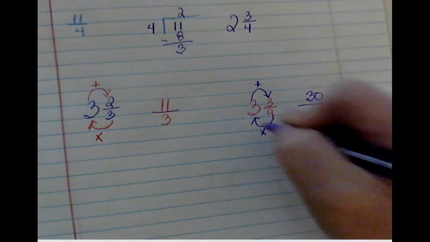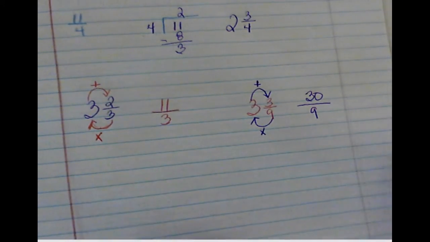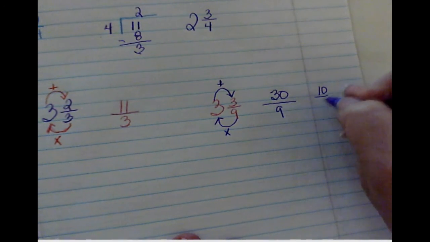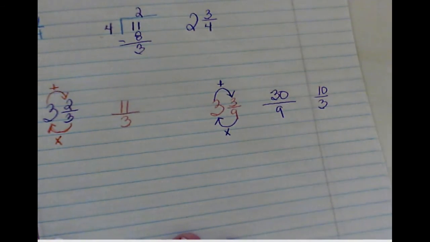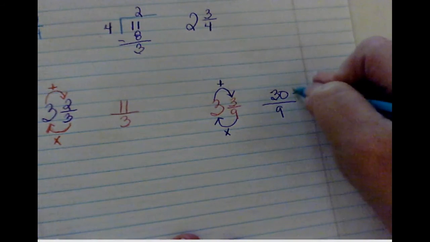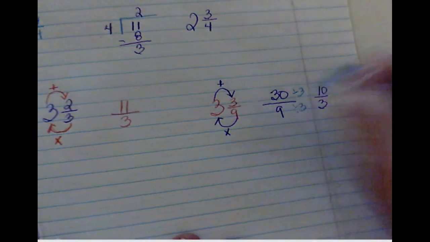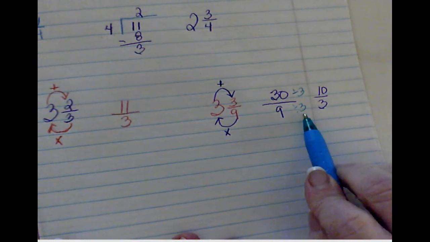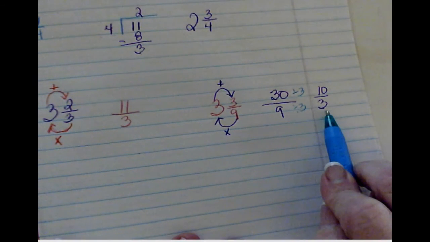So this will be 30 over 9. This also can be written as 10 over 3, because if you simplify this, divide by 3, divide by 3, 30 divided by 3 is 10, 9 divided by 3 is 3.